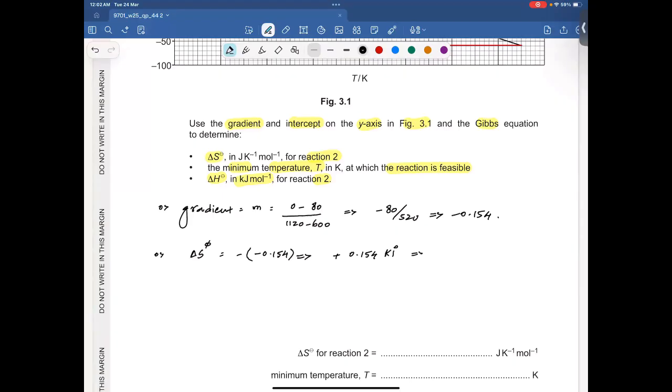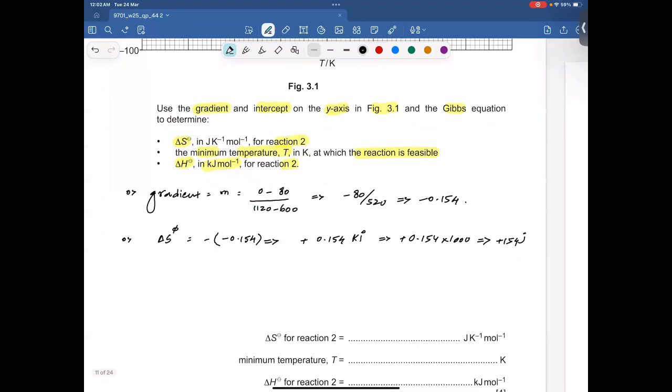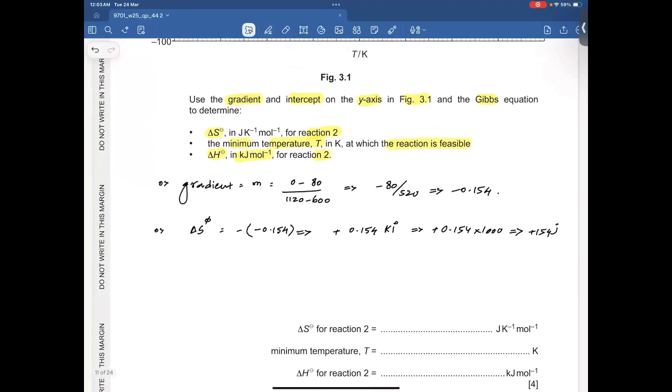And we need to convert it into joules. So it must be plus 0.154 into 1000. So it's going to be plus 154 joules, mole inverse, Kelvin inverse.